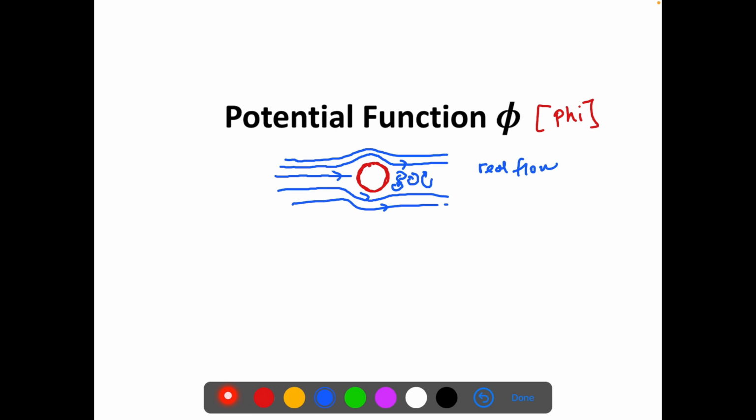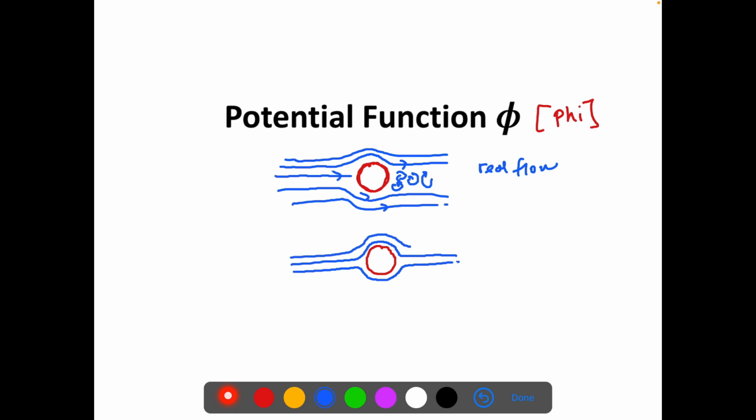Okay, so what about the potential flow? Let's say you have a cylinder, and then you have the flow coming in the same way. It goes up and then it goes like this, same thing at the bottom.